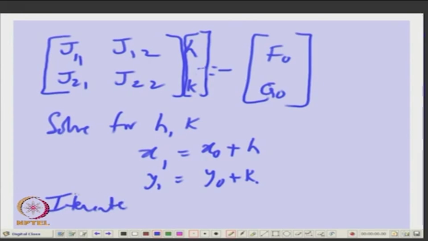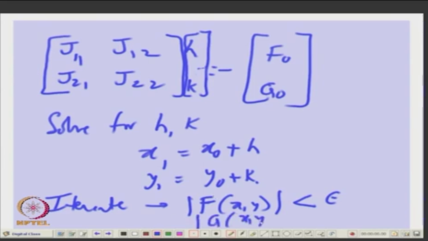You go on iterating till you get a value where f of x y should be less than some small value epsilon, or similarly g of x y should be less than epsilon. Is it clear to you?